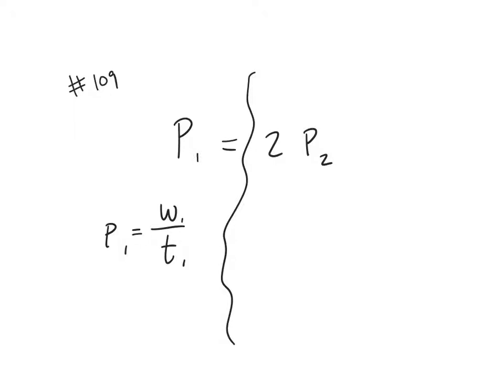Now let me follow up with a more difficult one, okay? If the mass of an object doubles and its velocity triples, what happens to its kinetic energy? And I say kinetic because I'm talking about velocity now, right? Got it?